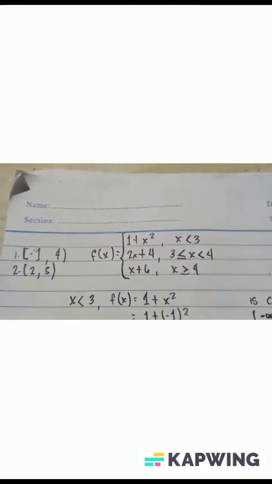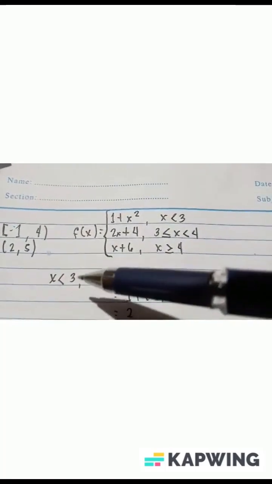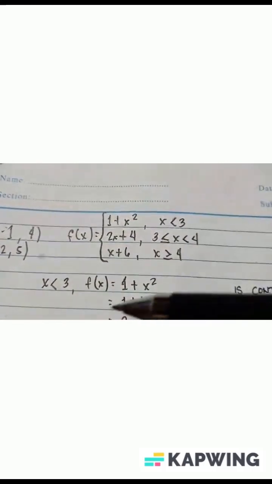Since our function is polynomial, our interval will automatically be continuous. But I will give you an example. For x less than 3, f of x equals 1 plus x squared.